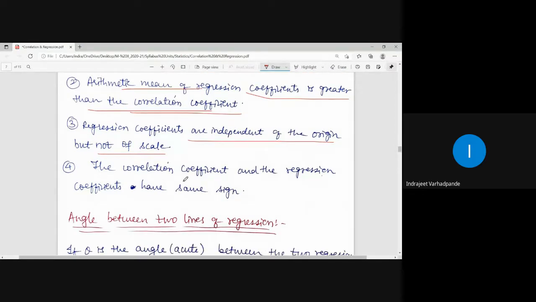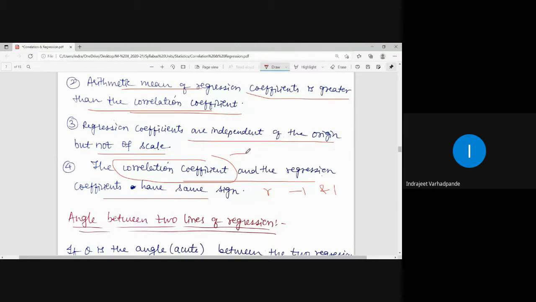The correlation coefficient and regression coefficients will always have the same sign. The correlation coefficient always lies between -1 and 1. So if the correlation coefficient is negative, then the regression coefficients will also have the same sign. If the correlation coefficient is positive, the regression coefficients will always be positive. So A1 and B1 both will be positive.